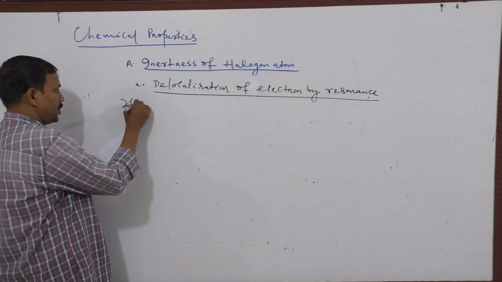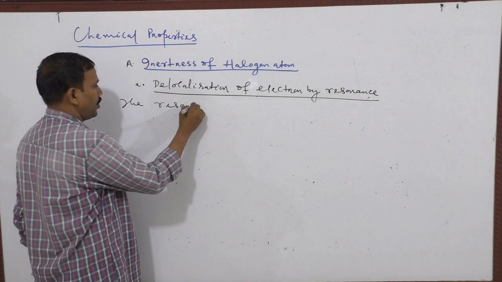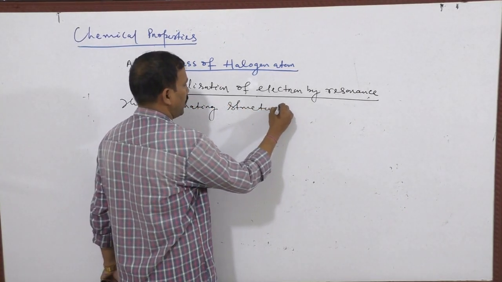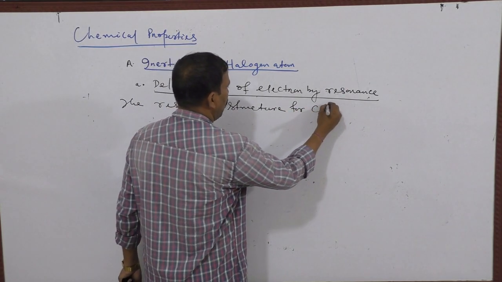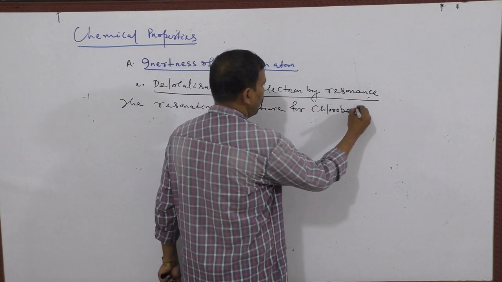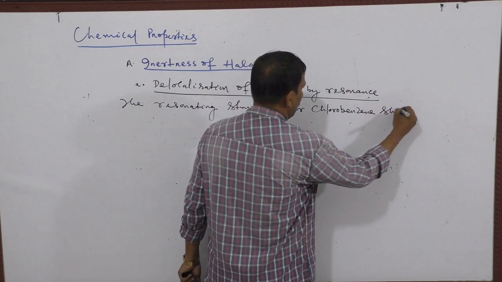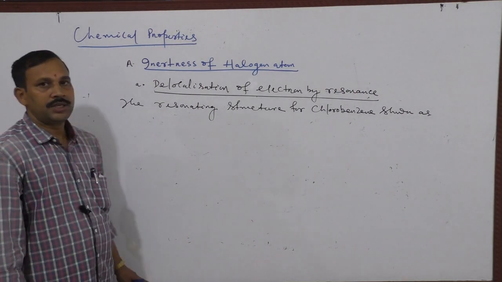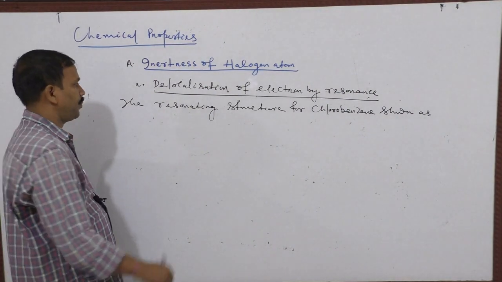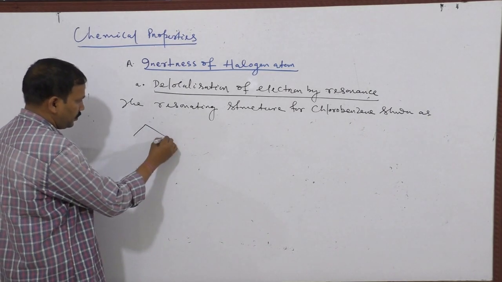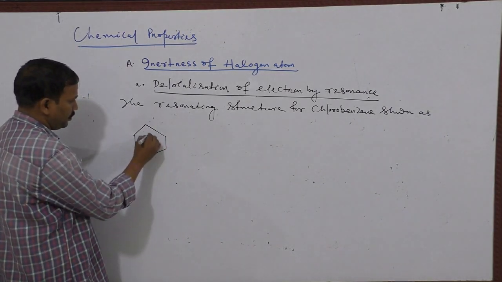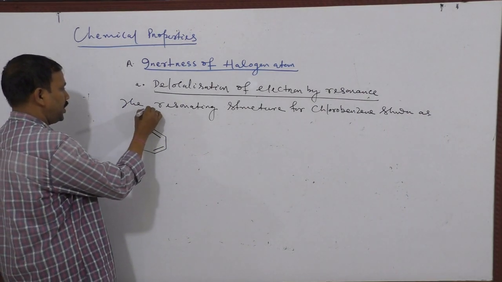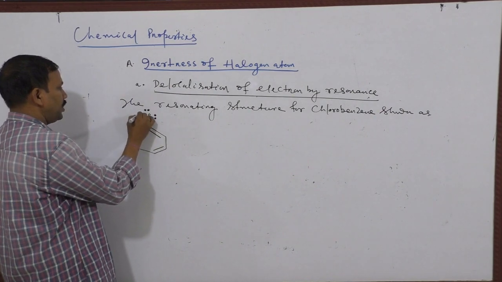The resonating structure for chlorobenzene is shown. We need the resonating structures to explain the resonance phenomenon. Now it contains 3 pi bonds and 3 lone pairs of electrons around chlorine.